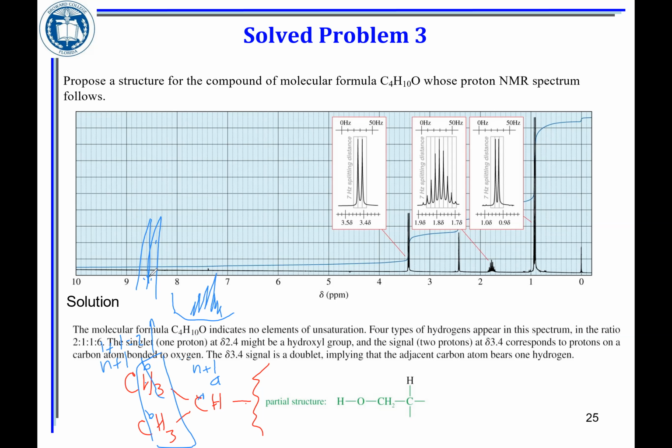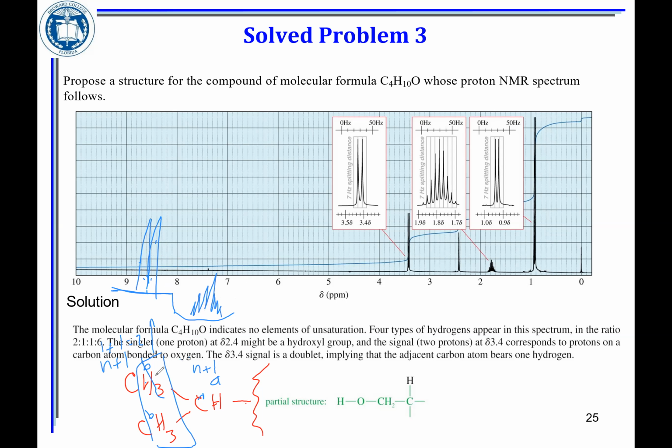What other type of information can we get from here? The height ratio of the A-type hydrogen to the B-type hydrogen correlates with the number ratio.